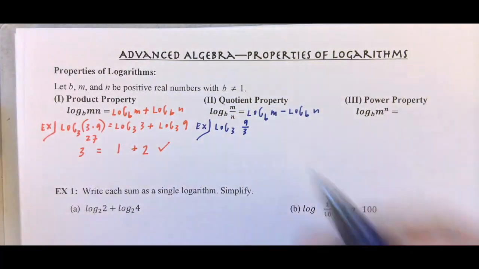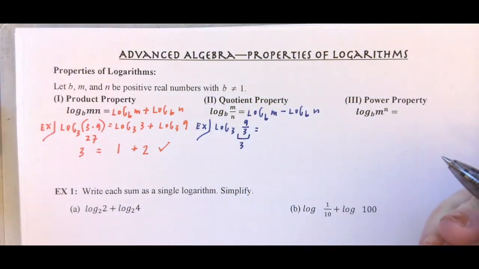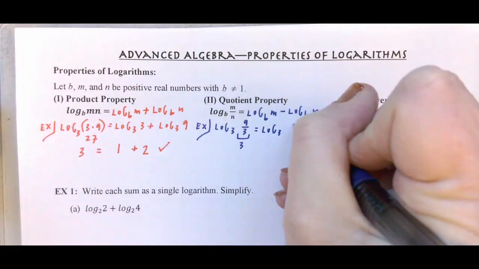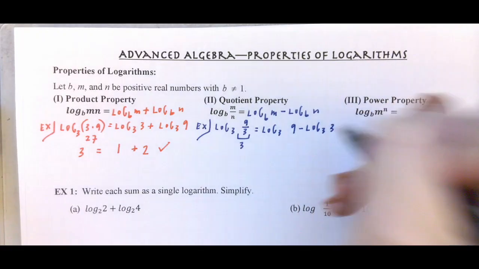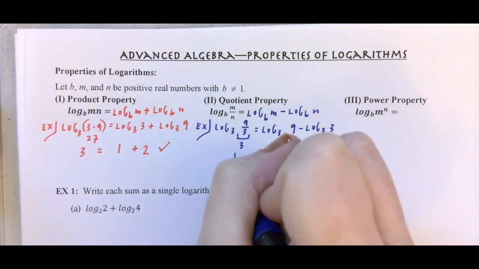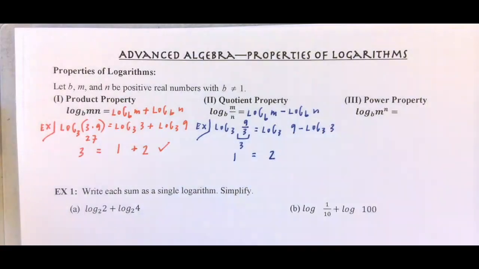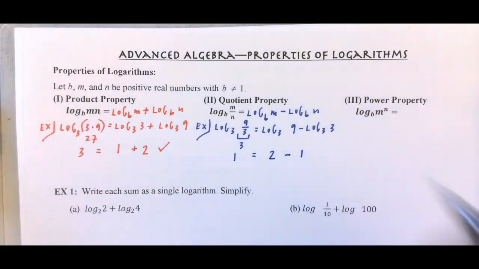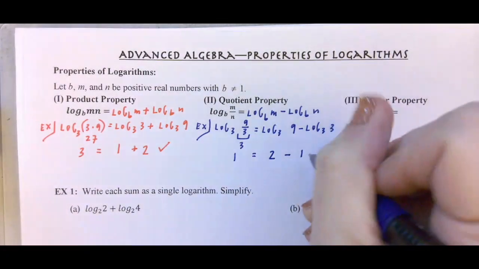We again know that that cleans up to be just 3. Then I could write it as log base 3 of 9 minus log base 3 of 3. So log base 3 of 3, 3 to the first power gets us back to 3. 3 to the second power gets us back to 9. And then 3 to the first power gets us back to 3. And 1 equals 2 minus 1. That is true.